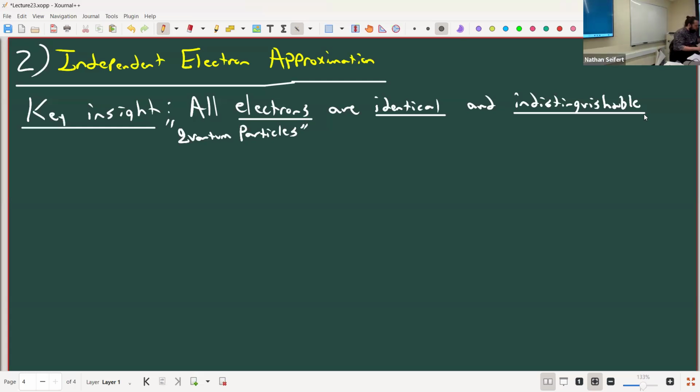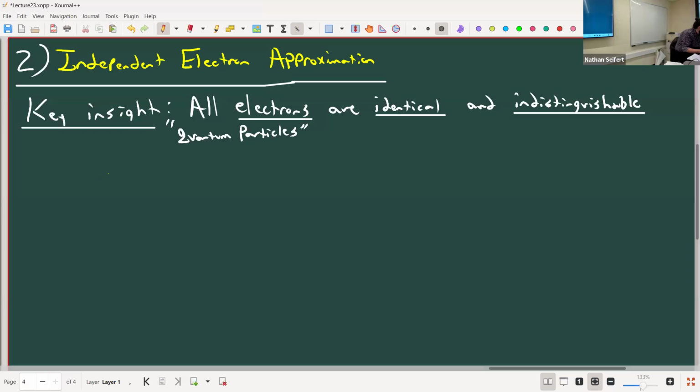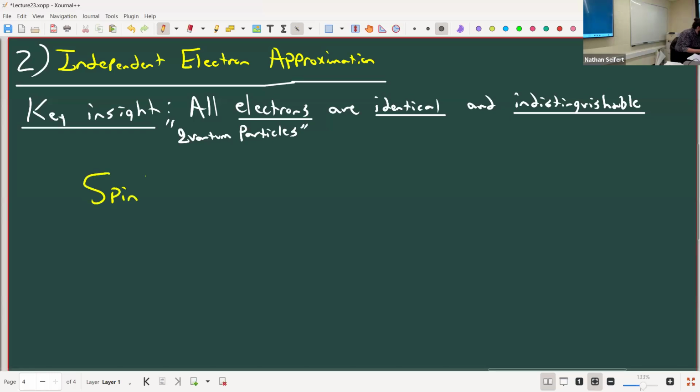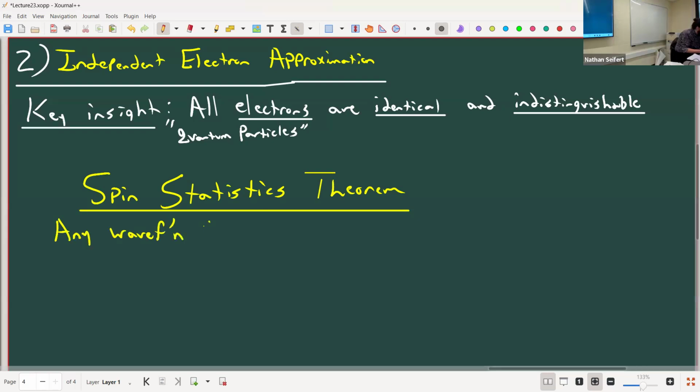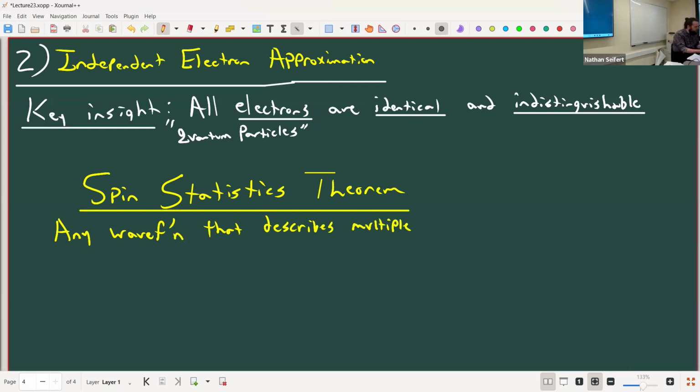But Paul Dirac derives this theorem called the spin statistics theorem. Which is that any wave function that describes multiple electrons, I'm going to use a different word than electron. I'll define it for you once we write it down.